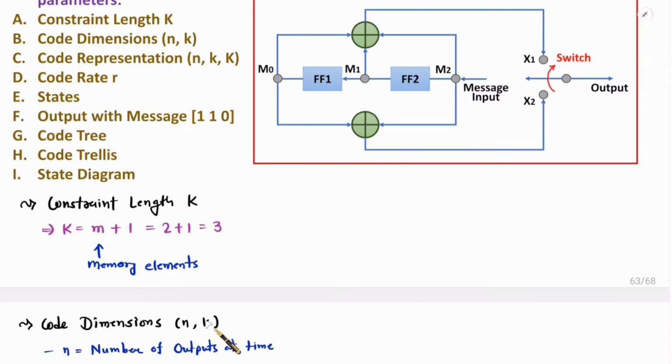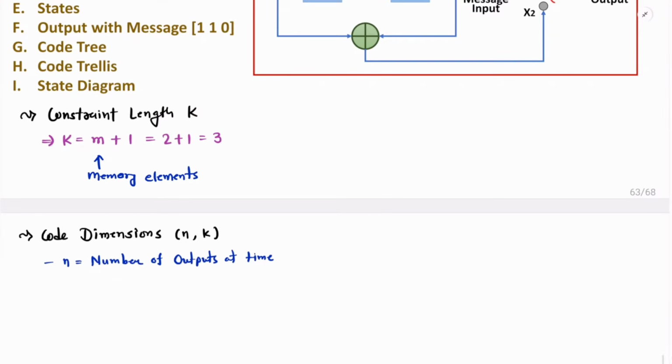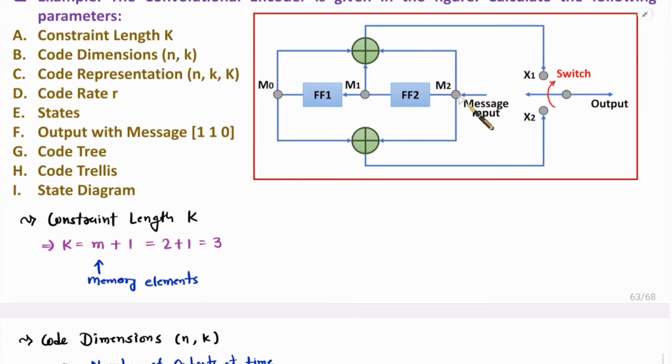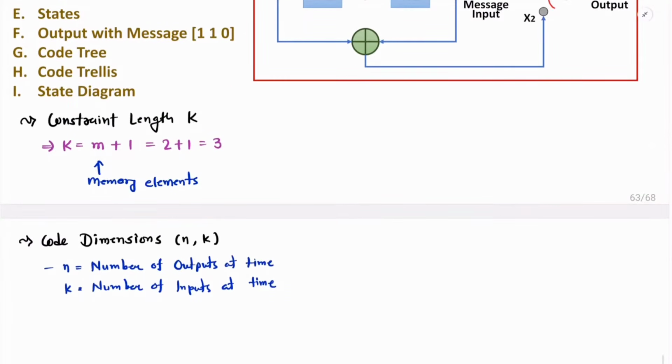And small k is number of inputs at a time. So if you observe here, at a time we have one input, that is M2. So based on that, one can say here we have two outputs and one input at a time. So code dimension is 2, 1, right?